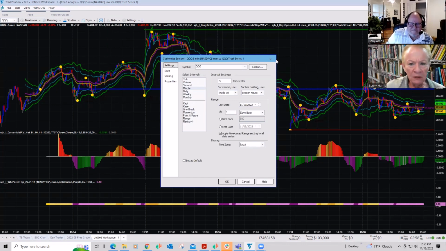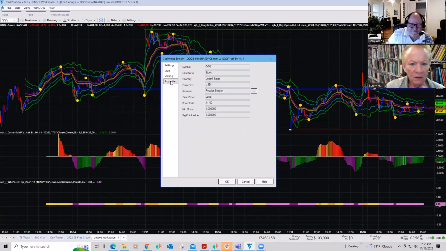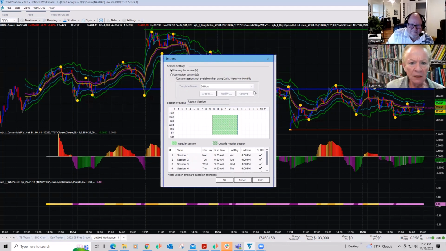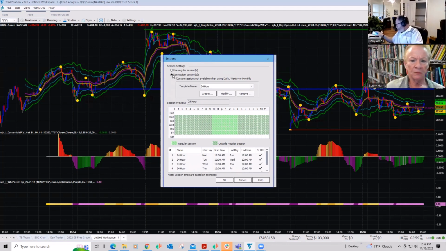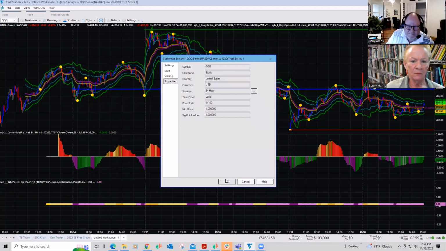Let's go to properties, and see where it says regular session, and it's got a little dot box. Click on the dot, and then click on use custom session. And now say okay, and okay again.